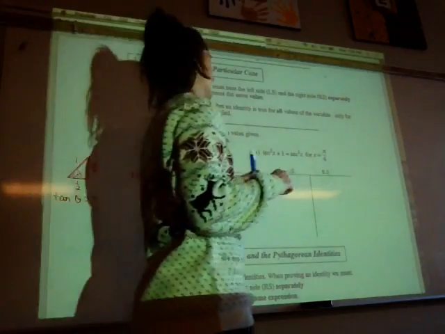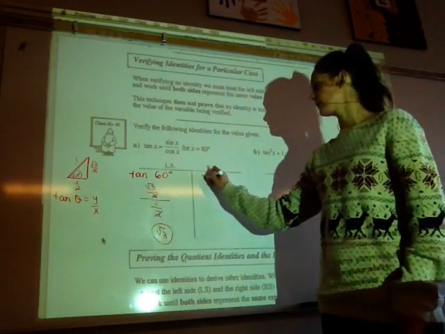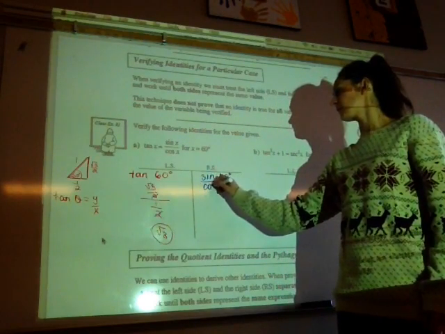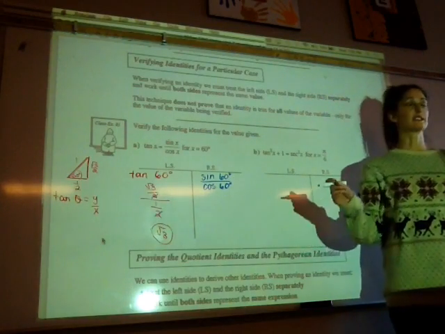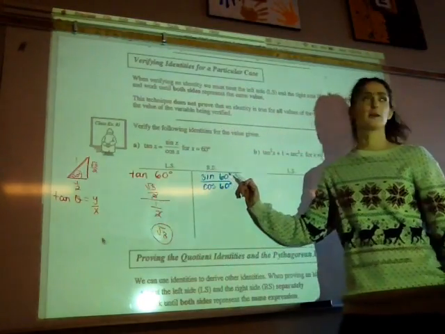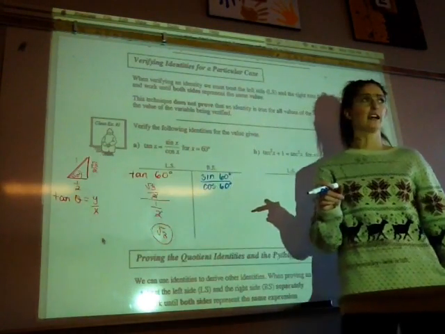Let's see if sine 60 over cosine 60 equals the same thing. Using our special triangles again, 60 degrees, sine is opposite over hypotenuse, but our hypotenuse is just 1, so I don't even need that in the calculation.